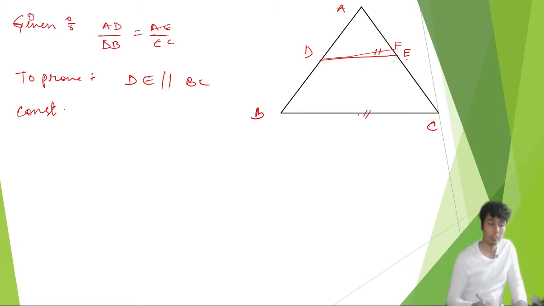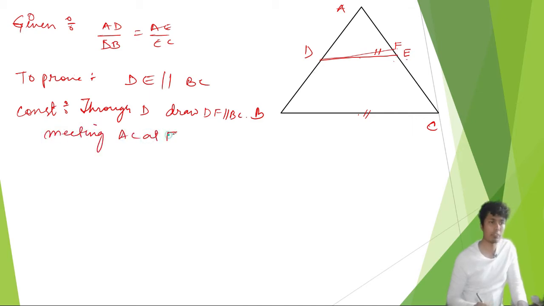So construction, we have drawn through D, draw DF parallel to BC, meeting AC at F. Construction done.